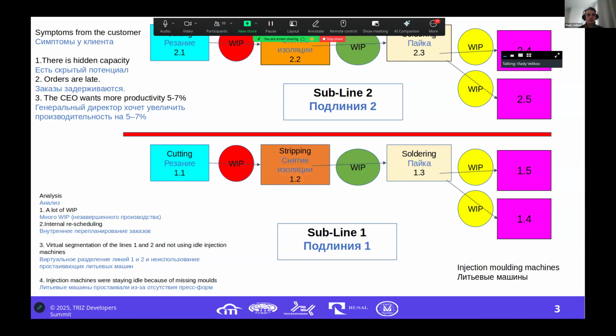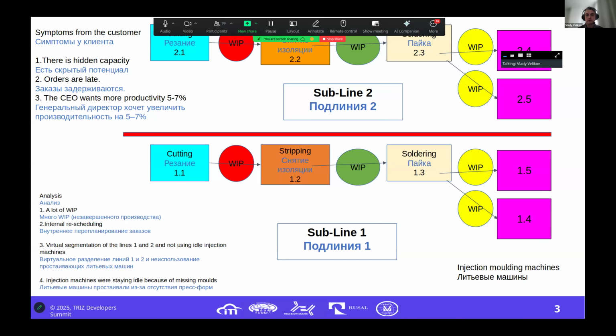The symptoms from the customers were that there is a lot of hidden capacity. They said that engineers from Germany calculated the capacity, and that they have around 5 to 10% more. They were coming to the factory, doing some projects, but no results.